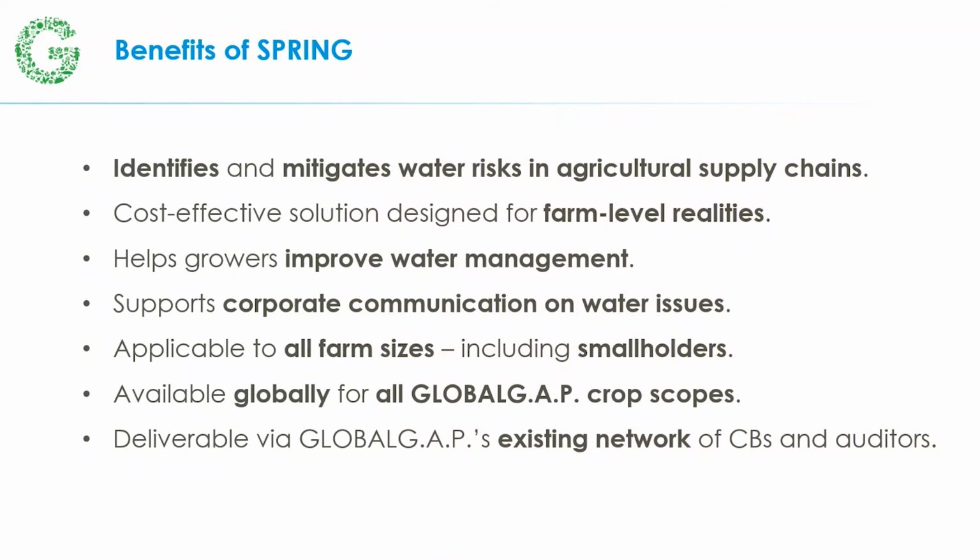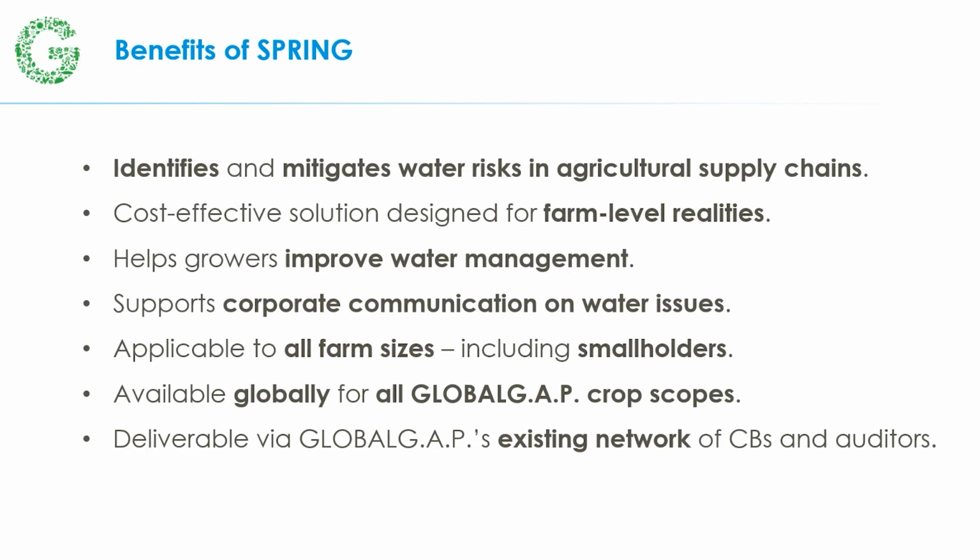It is applicable to all farm sizes, including smallholders. One of the goals of simplifying the rules of SPRING is to be sure that we can apply it to smallholders. You know that more than half of the GLOBALG.A.P. producers, of the IFA (Integrated Farm Assurance) producers, are really small producers, with less than 2 hectares.